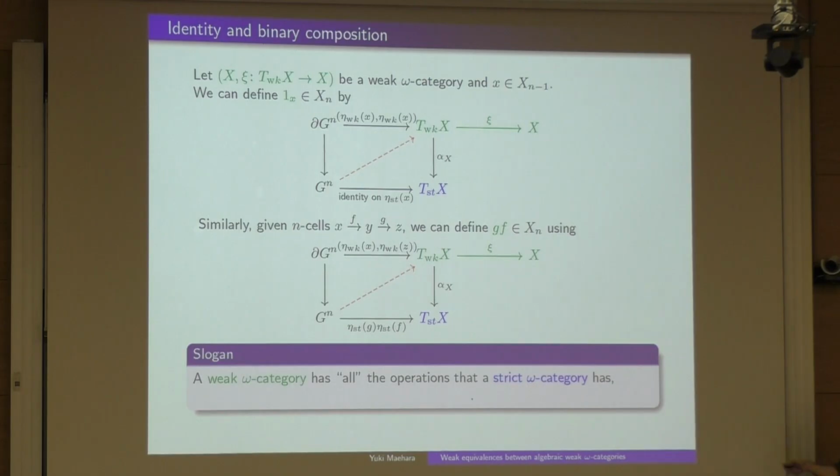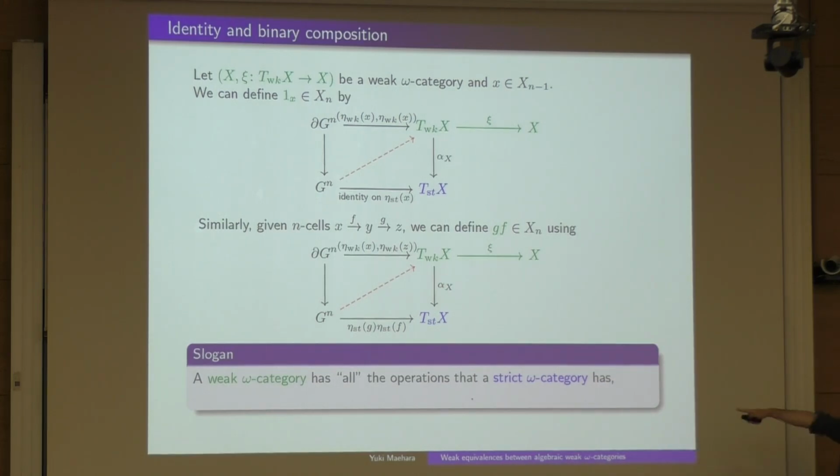So the slogan here is that a weak omega category in this sense has all the operations that a strict omega category has, because basically, given an operation that you want to lift, you just have to specify exactly what it is in the strict omega category, and then you do this sort of thing to lift it to the weak world, and then you compose that with the algebra structure map, and then you get the corresponding thing in this weak omega category.